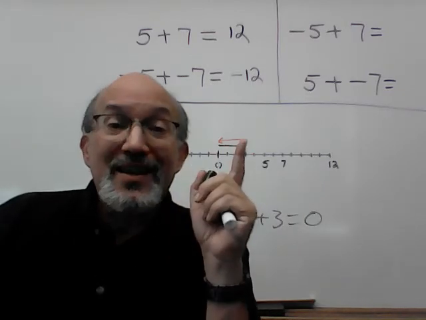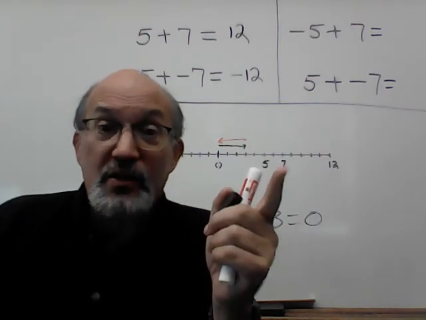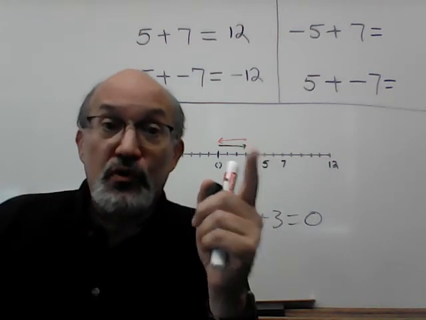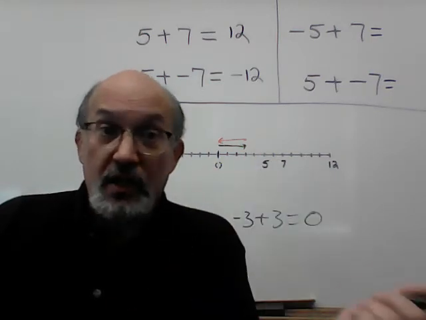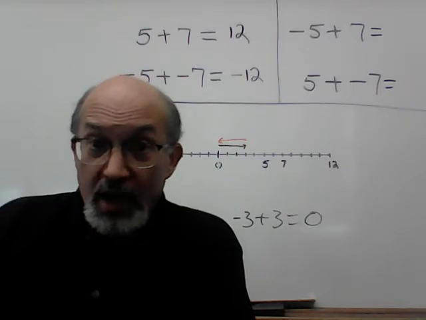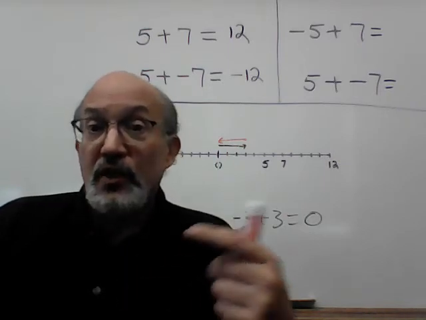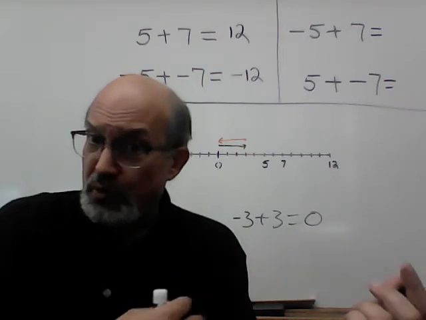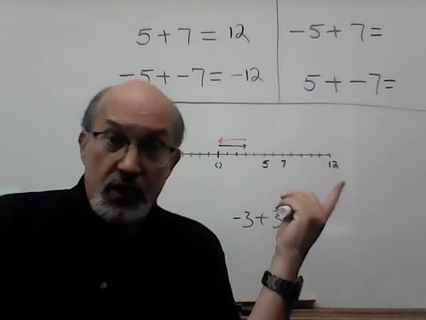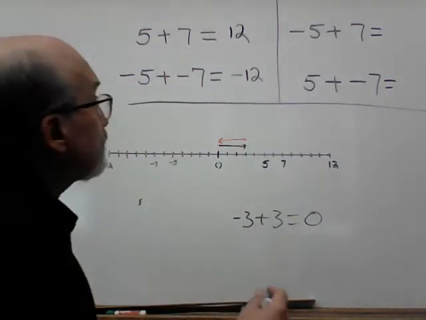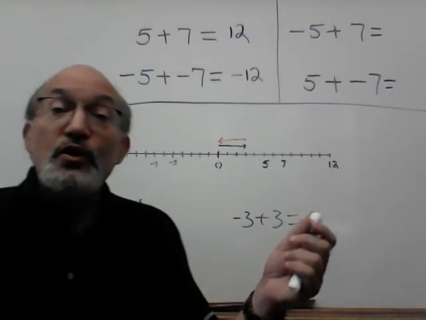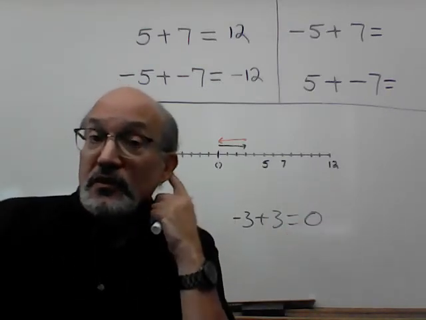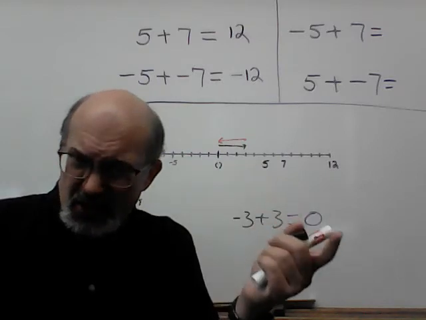Why? Because the positive 7 is further away from 0 than the negative 5. The 7 has a greater absolute value than the negative 5, so the answer ends up being positive. The vectors will show this. For the final one up there, you're still going to do 7 minus 5 because the signs are different.